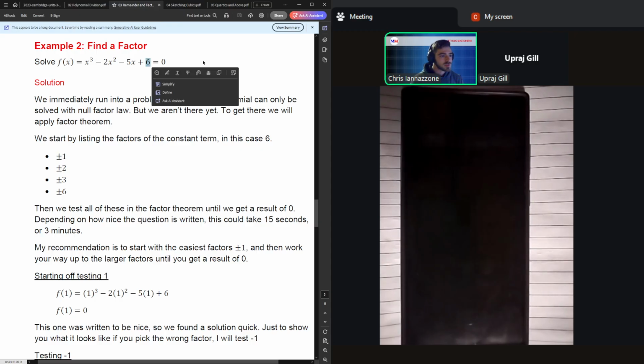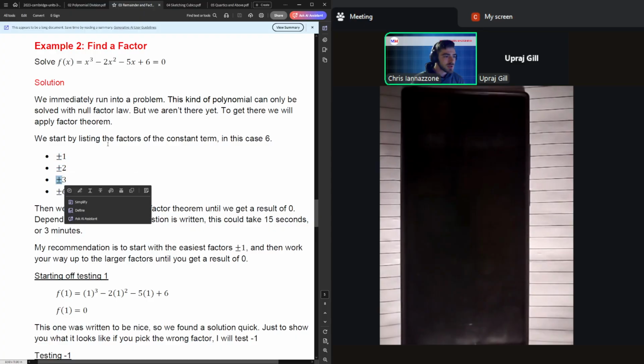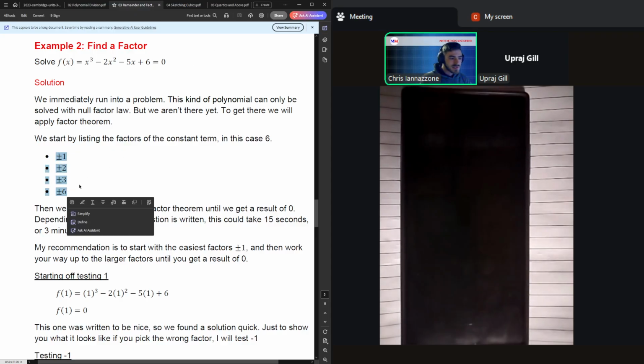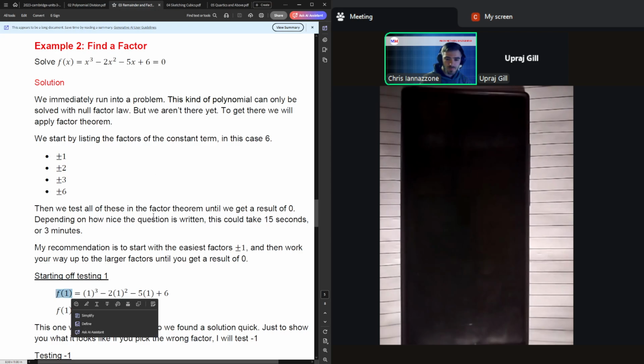This is where all you have to do is label the factor pairs of the last term, the constant. So you're going to have your plus minus 1 and 6 and plus minus 2 and 3. Both of those pairs are going to multiply up to give 6. All of these are the integers that you're going to test subbing into f of x.